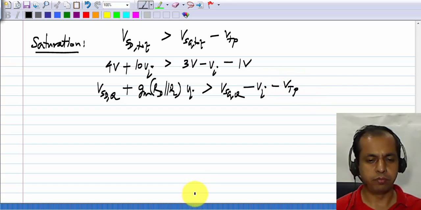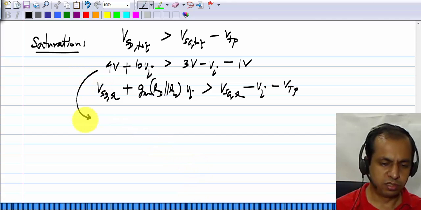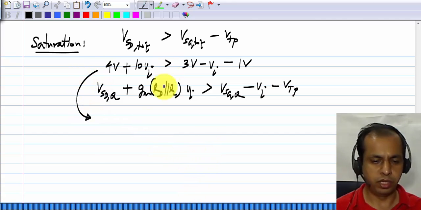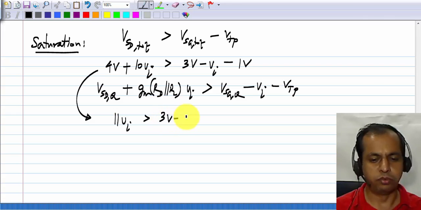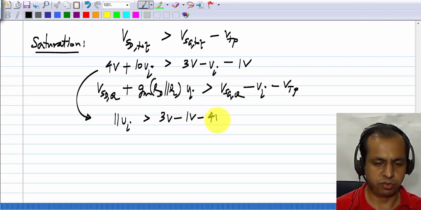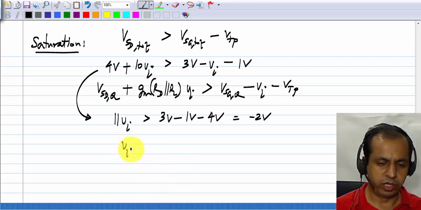So what do I get out of this? I take this to the other side, I get 11 Vi should be greater than or equal to 3 volt minus 1 volt minus 4 volt, which is minus 2 volts. Or Vi has to be greater than minus 2 by 11 volts.